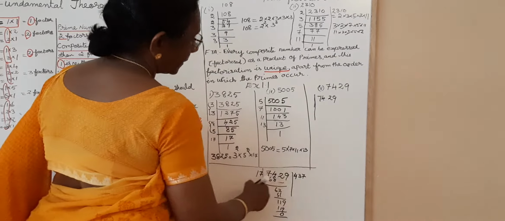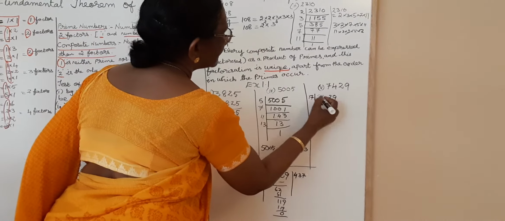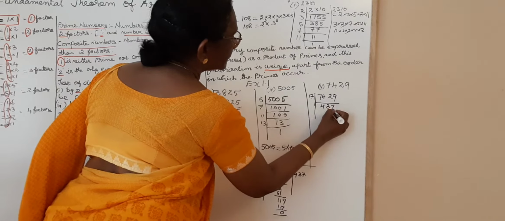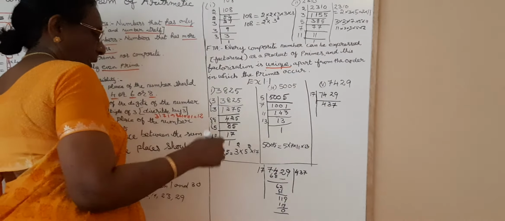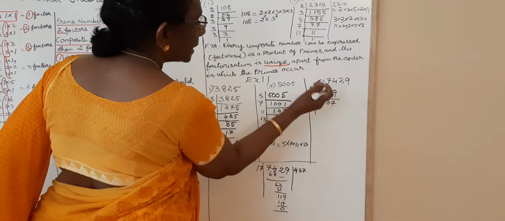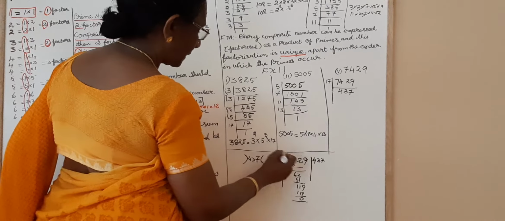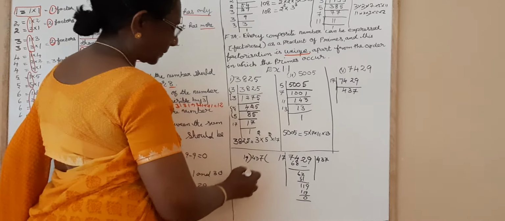So it is divisible by 17. We get 437. Now again, we'll move to the next number. 437 is divisible by the next number, 19.